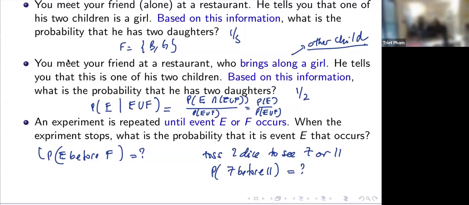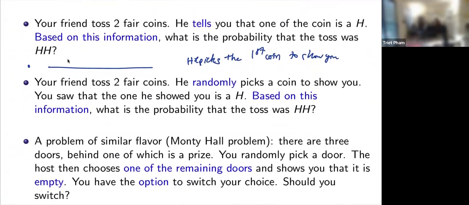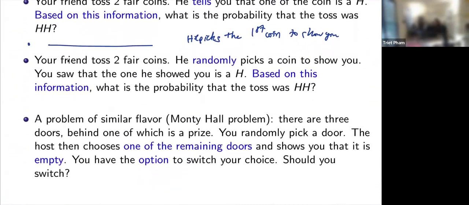Any question? Well, I guess while we're on this topic, let's talk about the Monty Hall problem. You know what? Let's go back to this.